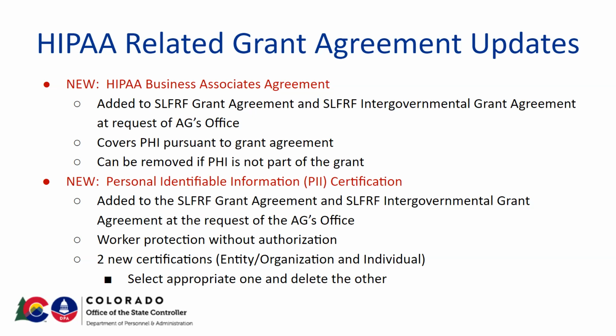Next, let's say we give a grant to a company that analyzes anonymized PHI to create a report to show what healthcare services are provided in a certain geographic area. Do you think that we would need to put a HIPAA exhibit on that grant agreement?